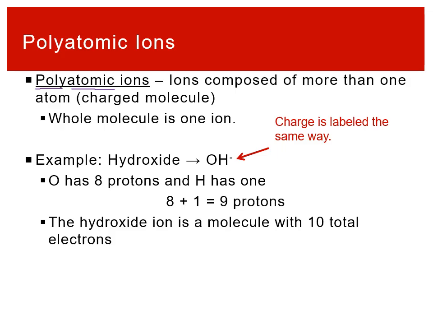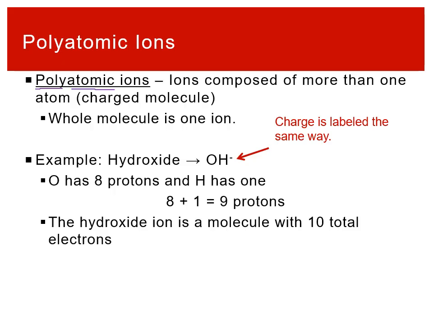But poly means many. Looking at the periodic table previously, we've been predicting what types of ions individual atoms would form. We're now looking at poly, which means many atoms. So previously, everything we've talked about has been monoatomic, mono meaning one. So single atom ions.